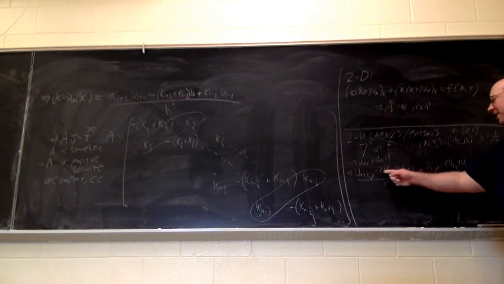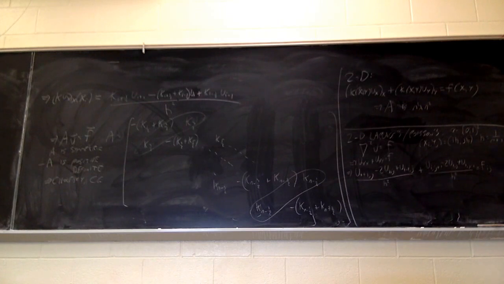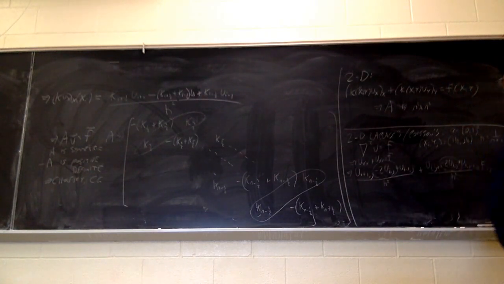So what ends up happening is you end up getting -4 over h squared on the diagonal because of these terms appearing in both stencils.